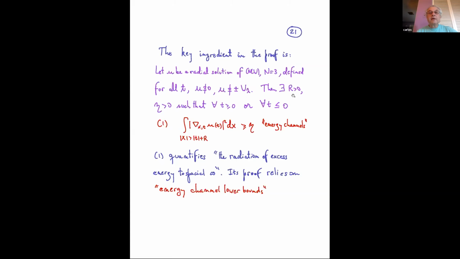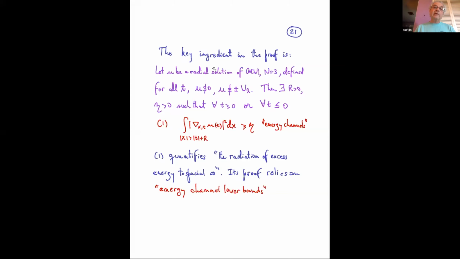Then you have numbers r and eta positive, such that either for all t bigger than or equal to 0, or for all t less than or equal to 0, when you go outside the translated light cone, absolute value of x bigger than absolute value of t plus r, there's still energy for all times. So we call this the fact that there are energy channels for t bigger than or equal to 0 or t less than or equal to 0.